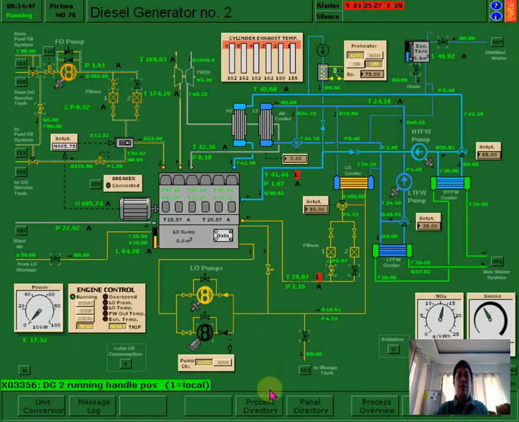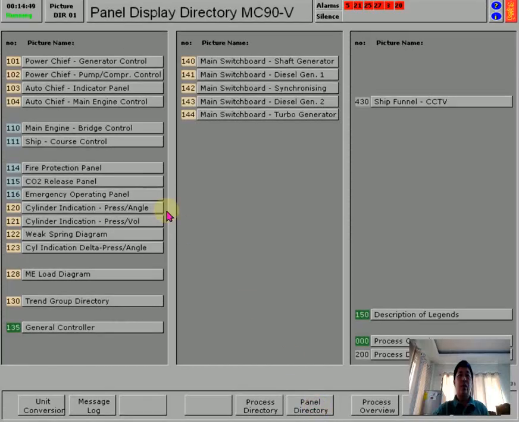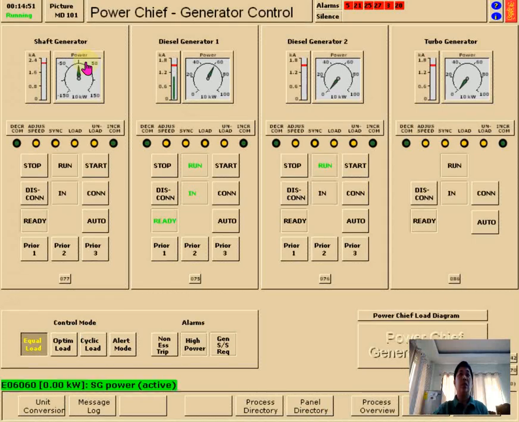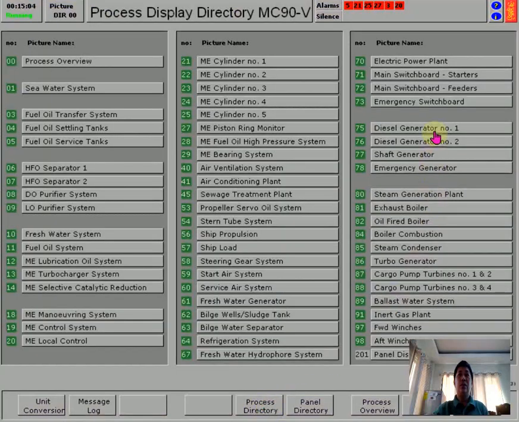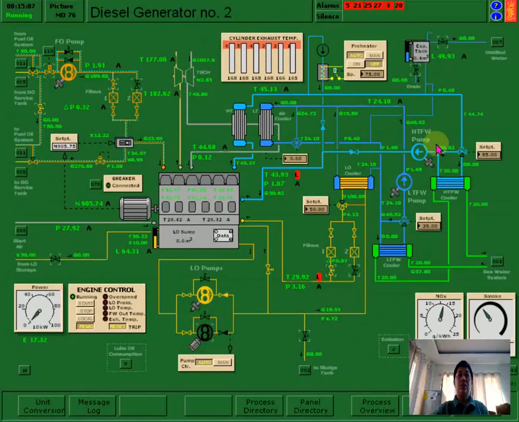I will check if it is ready. It's not yet ready, so something is lacking. But anyway, I will change over first.